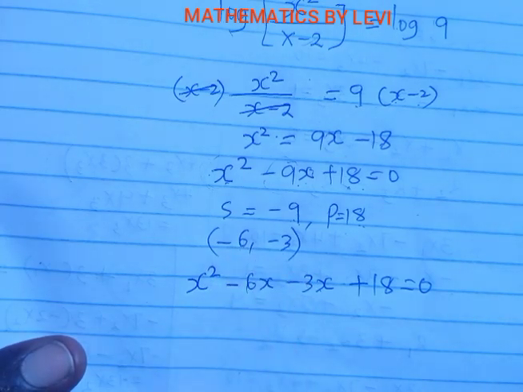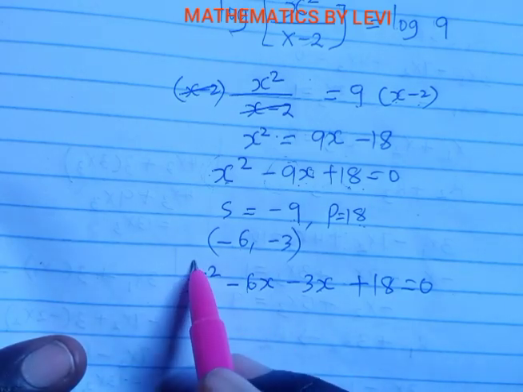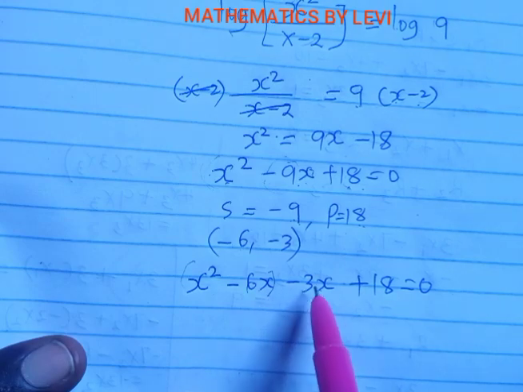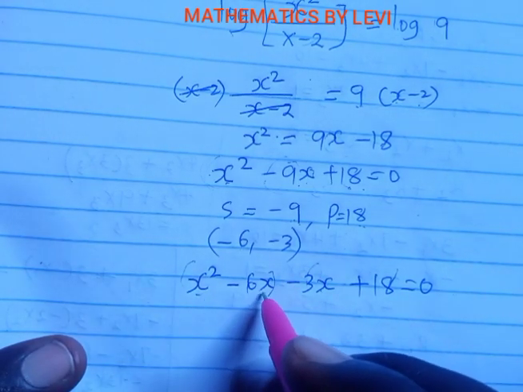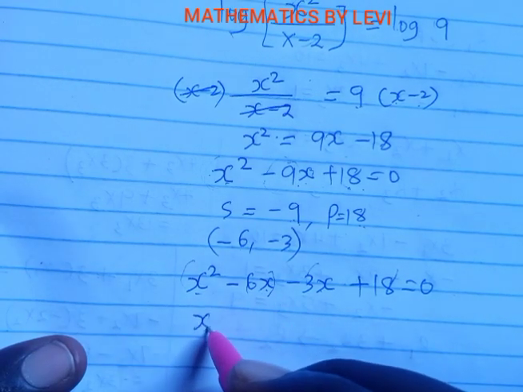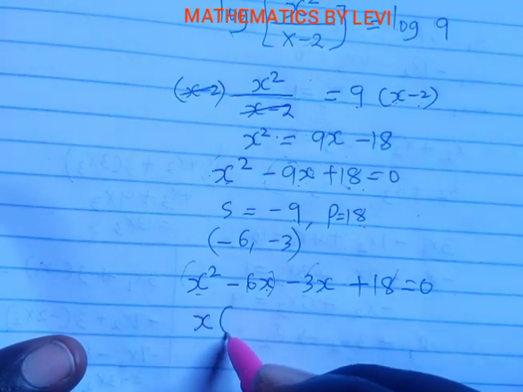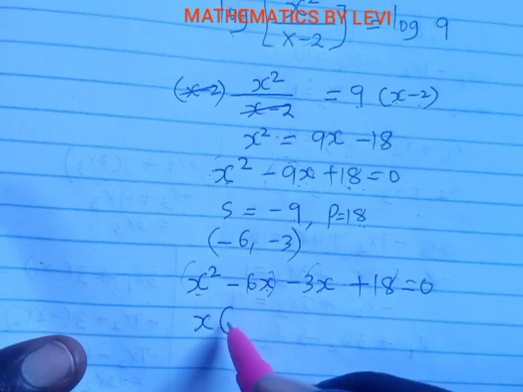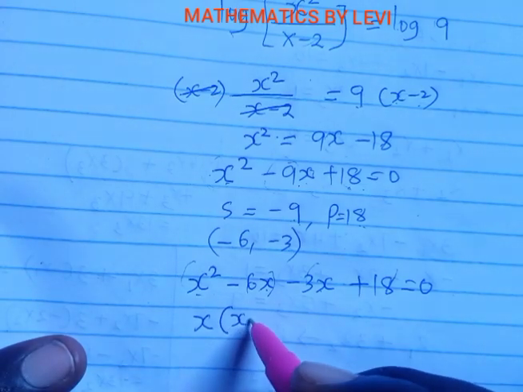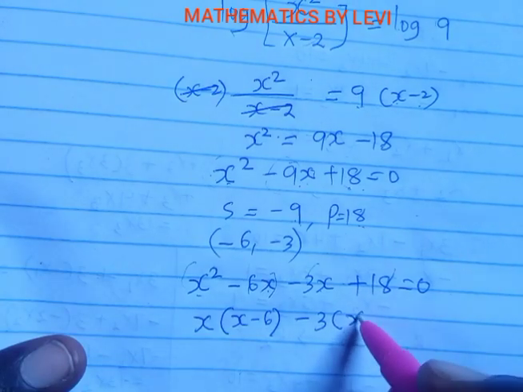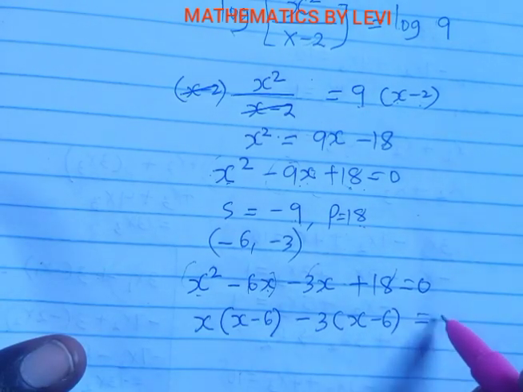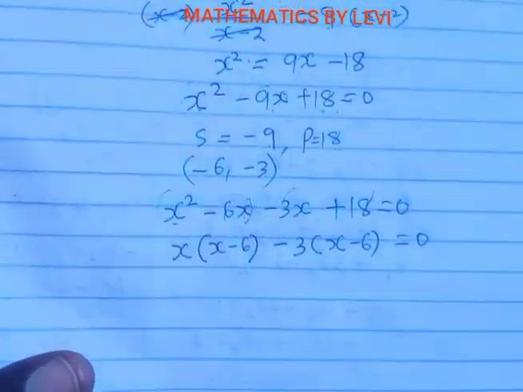Now, let us collect. We can take this and also take this. If we take x squared minus 6x, we factor out the common term, which is x, into x times (x minus 6), then minus 3 times (x minus 6) equals 0.